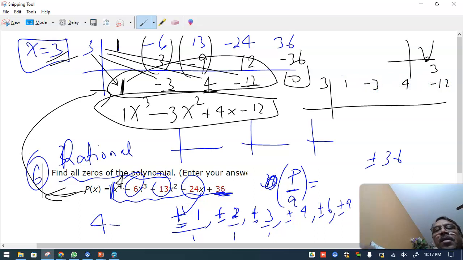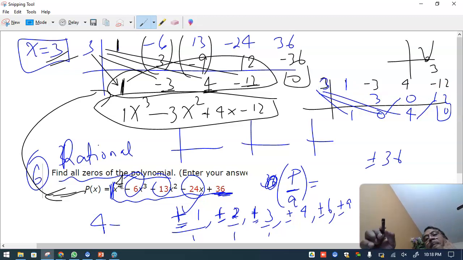So this time, drop down this 1. 3 times 1 is 3. This is 0. 3 times 0 is 0. You get 4, and you get 12, and you get 0. That means 3 is a zero with multiplicity 2. So you have another x equals 3.